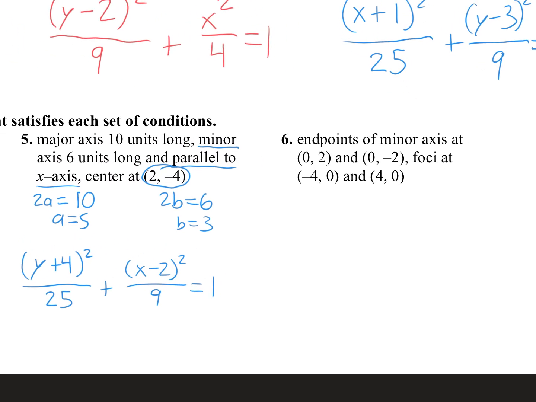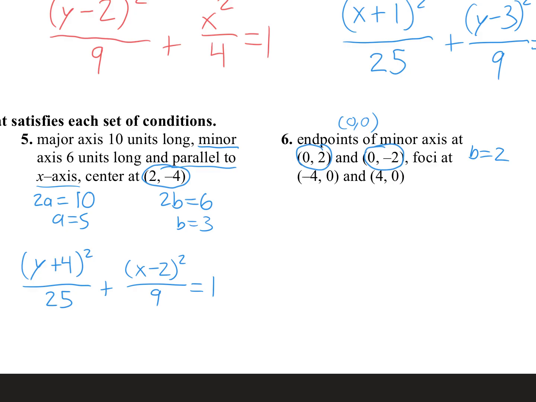All right, so now we're going to talk about the foci. We just used the fact that from the center to the end of the major axis is a, from the center to the end of the minor axis is b. Those have a midpoint or a center of 0, 0. I can see already that b is 2, because from center to the end of the minor axis is b.